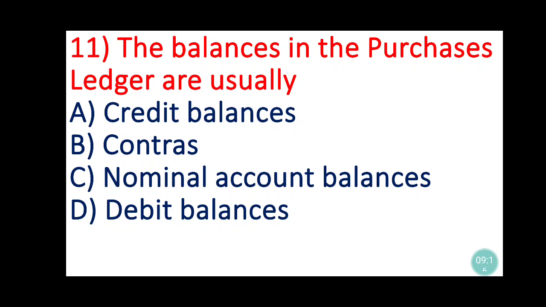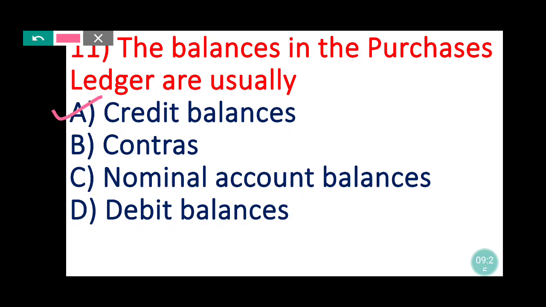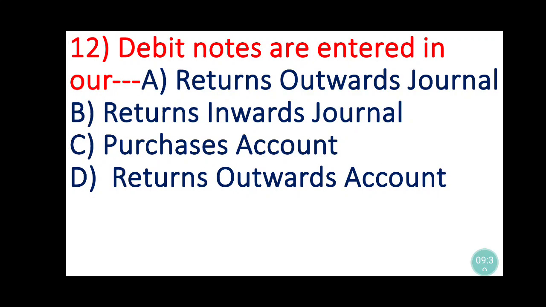So the balances in the purchase ledger are usually credit balances, because when we are recording on the credit side, at the end when we close that account, the balance will be transferred to the credit side.